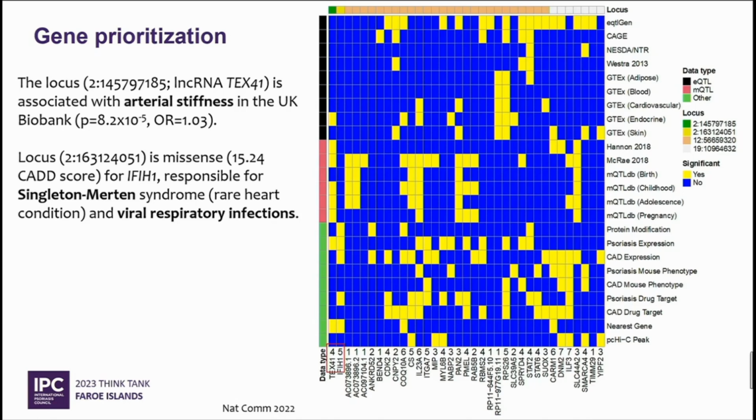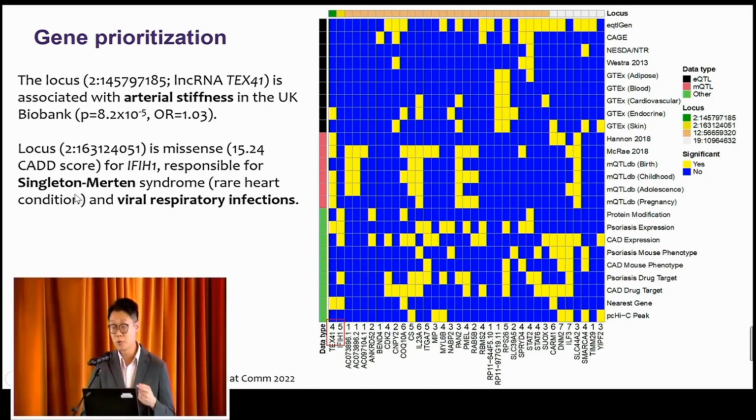So, are they expressed in tissues like heart tissue or skin tissue, or is there a missense mutation or not? Among the 4 of these, for 2 of the loci we narrowed down to 1 gene. Okay, IFIH1 is one of the really prominent genes that have been previously identified in psoriasis, and this particular signal that we identified to be shared between CAD and psoriasis has actually been reported in Singleton-Merten syndrome, a rare heart condition.